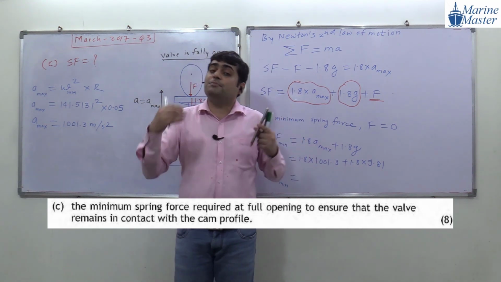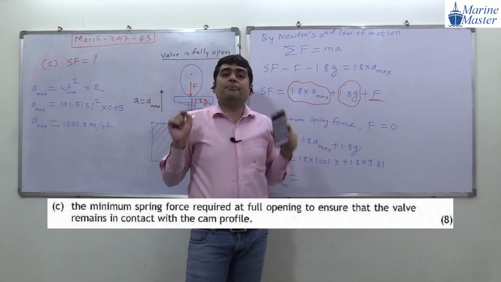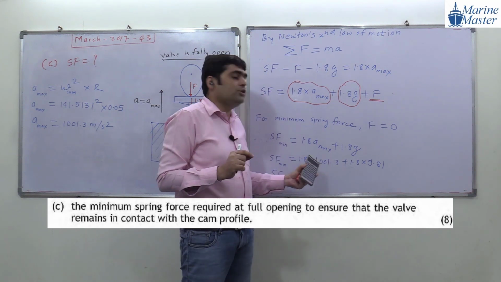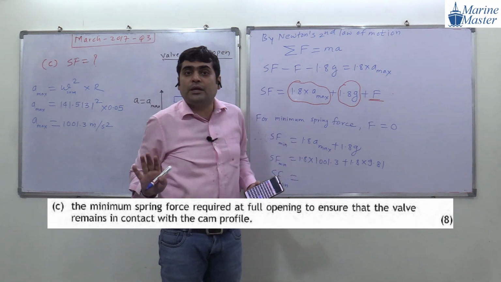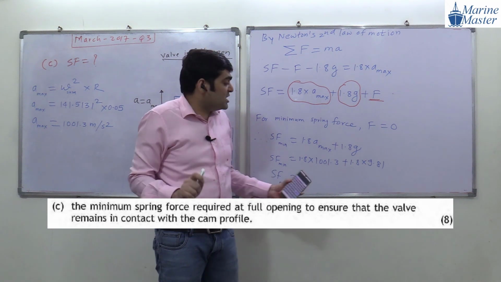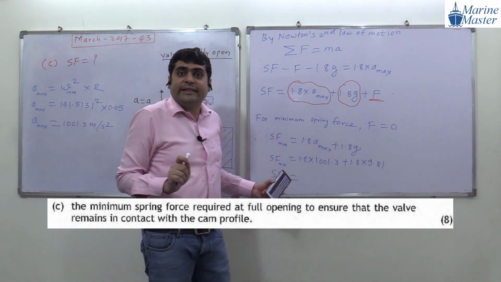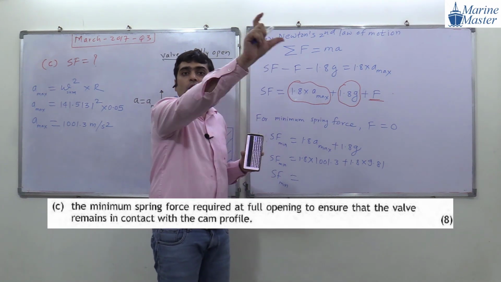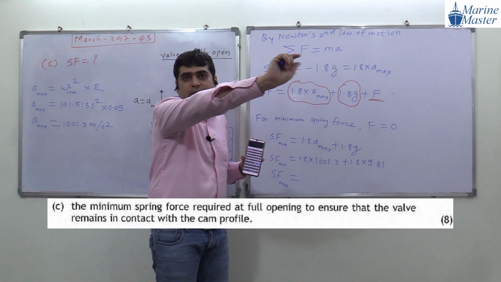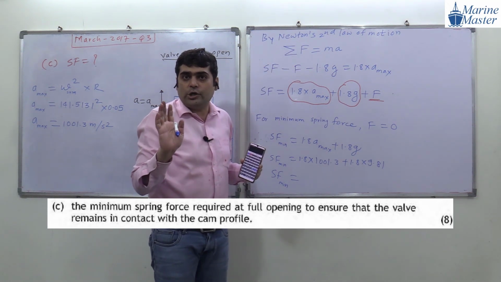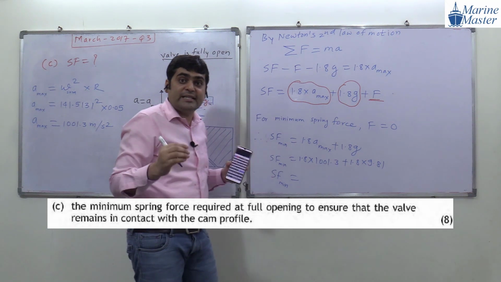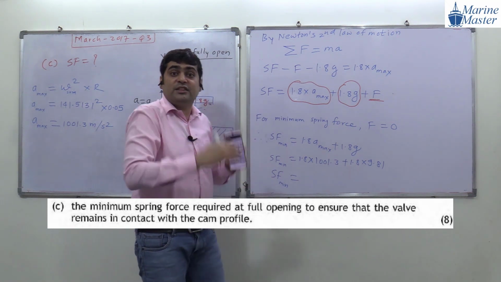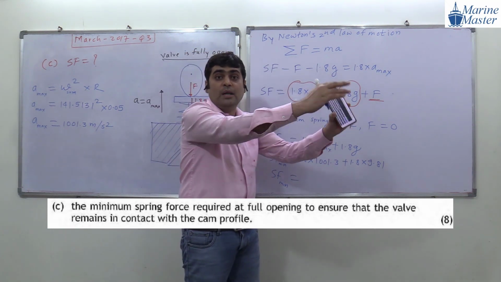Guys, below that the spring is not eligible. Means if our spring force is below this value, then we can't use that spring. At least this spring must give this much force, and only then is this spring eligible for that wall and cam assembly. Okay guys, are you getting my point? Try to understand the scenario here. If the spring is giving this much amount of force, then and only then is that spring eligible.